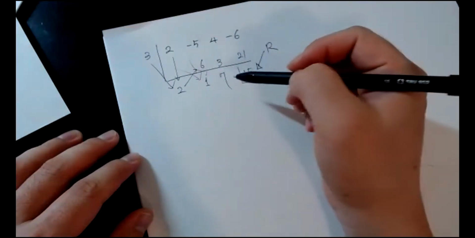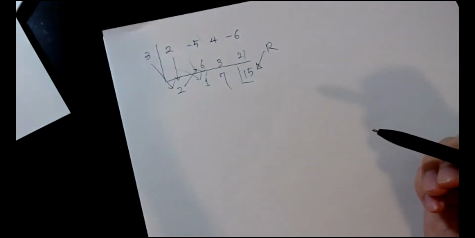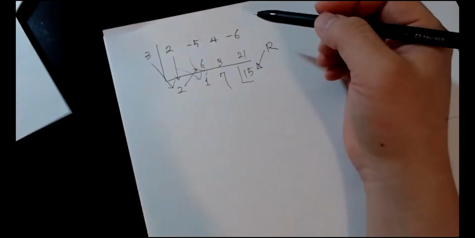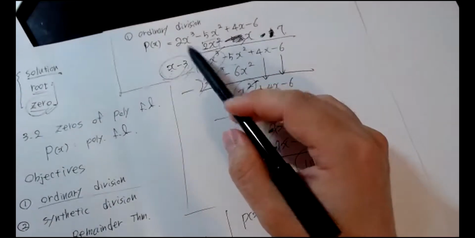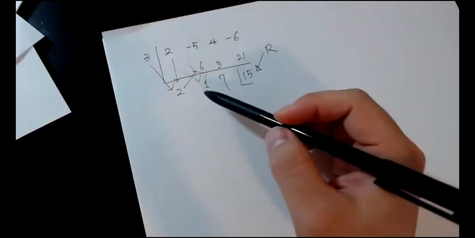The 2, 1, 7 means the coefficients of a second degree polynomial, okay? So why second degree? Because the dividend is degree 3, right?